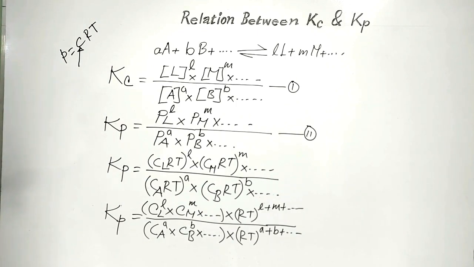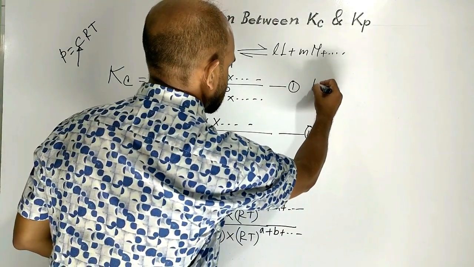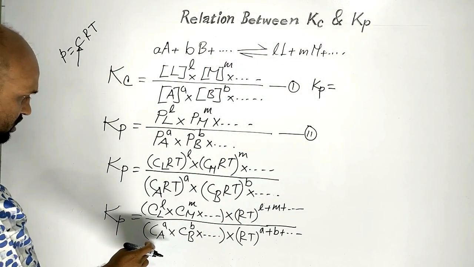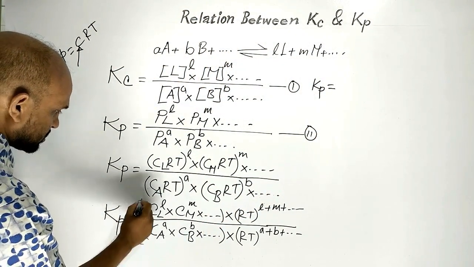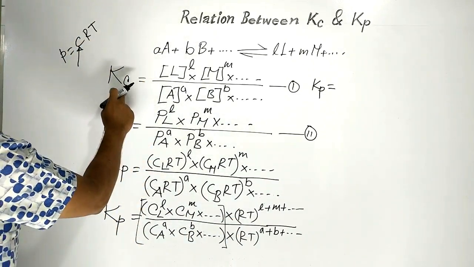Now, from this equation we can write Kp is equal to Kc.